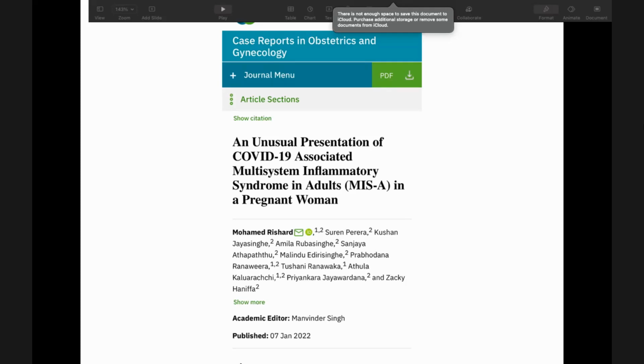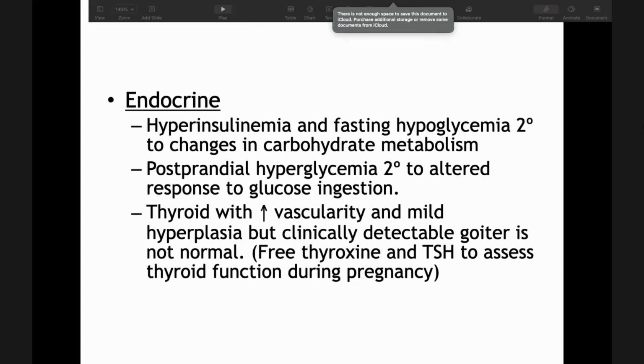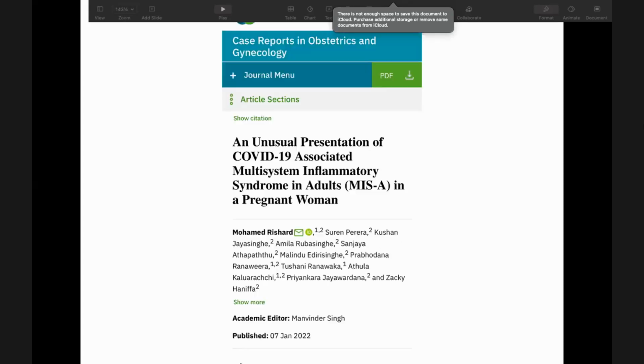When it happens in pregnant women, we have to take into account all the body changes and treat system wise. We had to look into the safety of her baby, and we had to give steroids and immunoglobulin to save that woman's life. We used the physiological changes in the body, and the hematological and biochemical parameters.